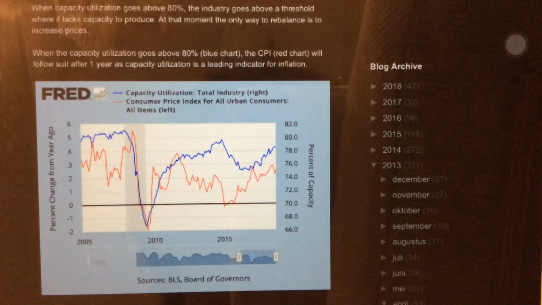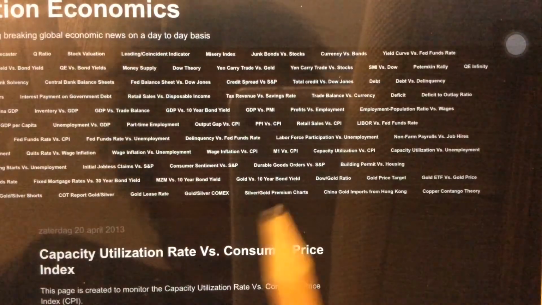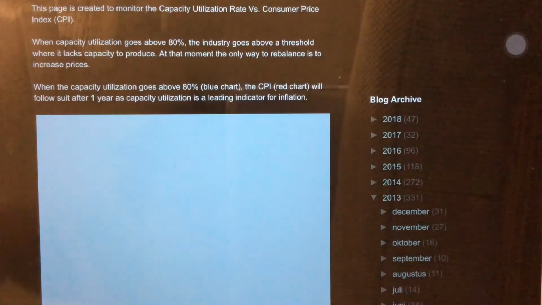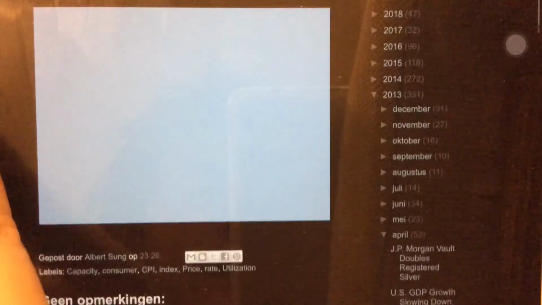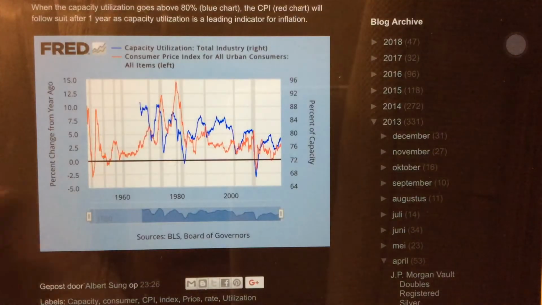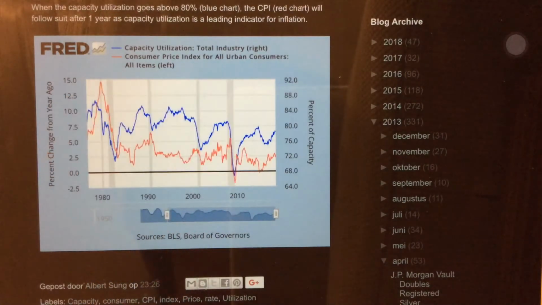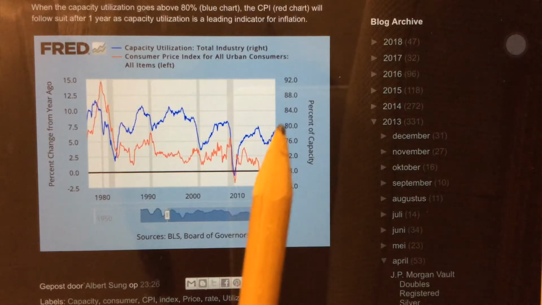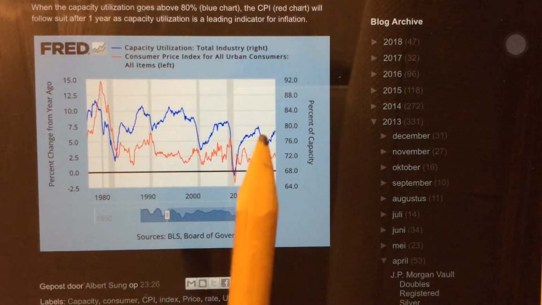Let's go to the capacity utilization. So here we can see that the capacity utilization is going up to the 80% level.